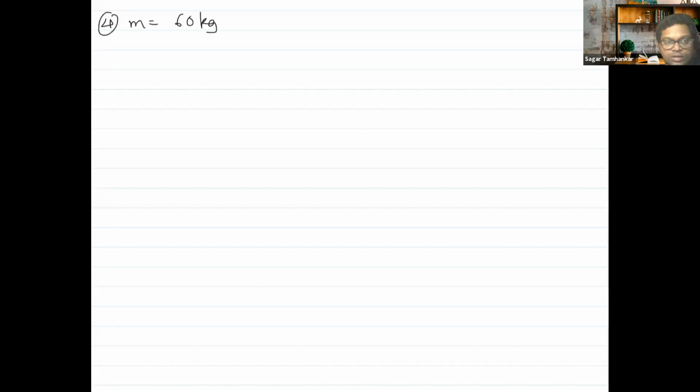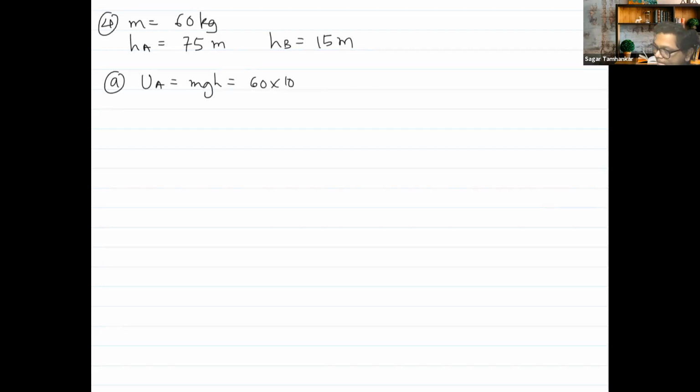Mass is 60 kg. The height at point A is 75 meters. Height at point B is 15 meters. The first point says calculate the change in the potential energy. So potential energy at A is mgh, that is 60 into 10 into 75.